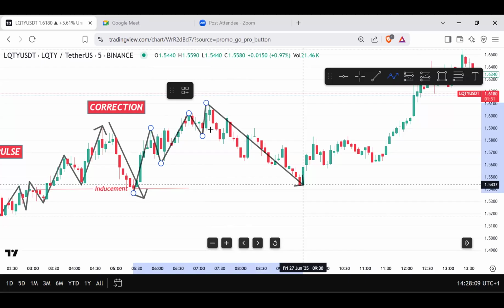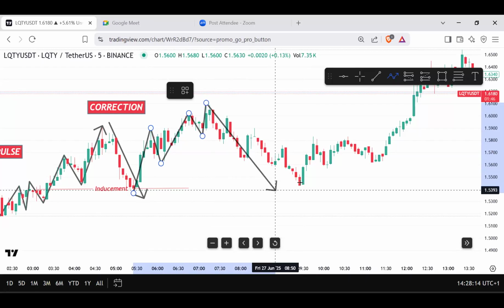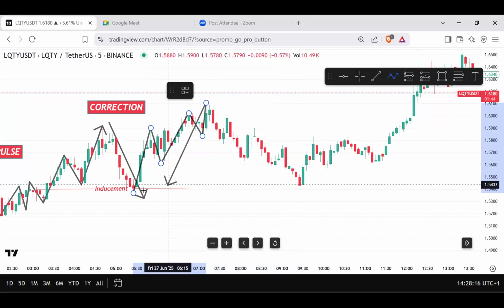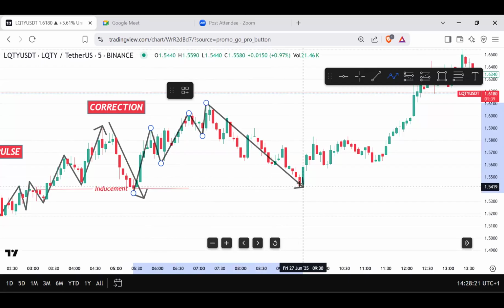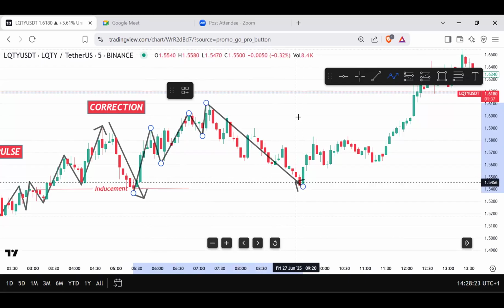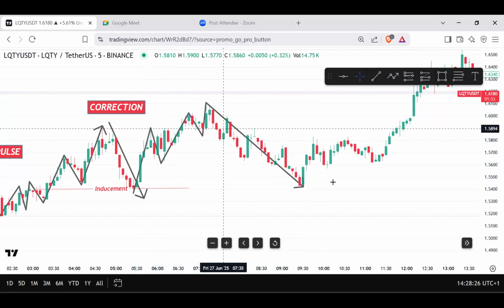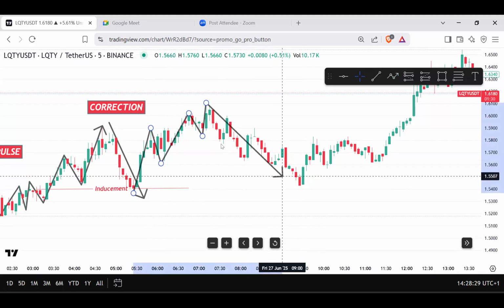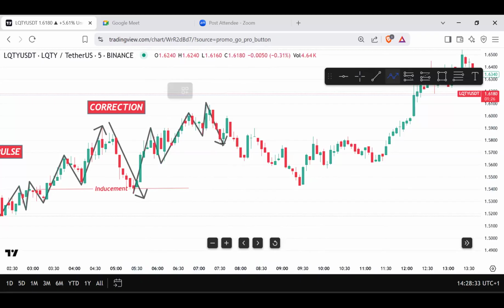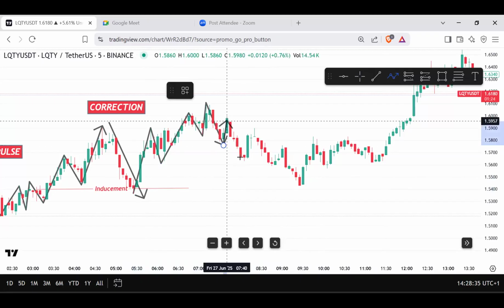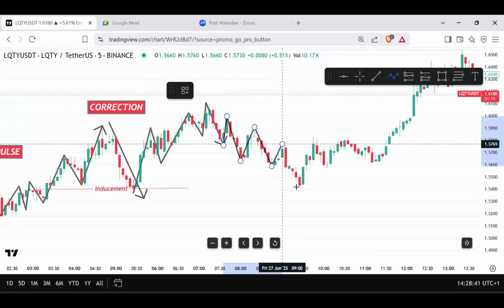You can see it took out this inducement, took out the next one up there, but did not go lower than the place where the impulse started from. Can you see that the correction is not a single leg? The correction is coming like multiple zones created and it came down. It's going like a wave.